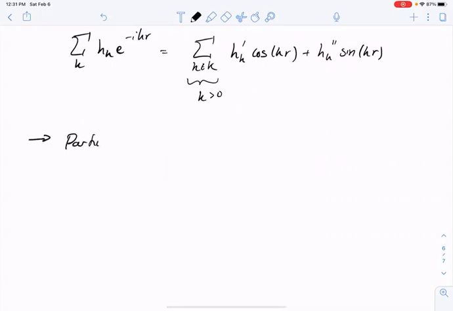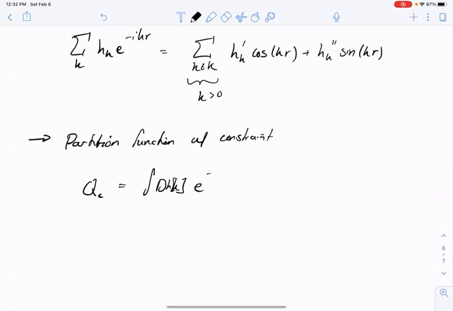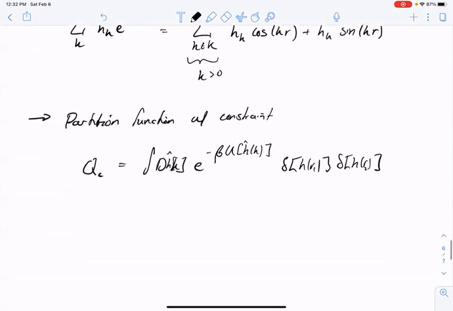So the partition function with the constraint due to our two binding sites, denote that QC, that's an integral over our height field weighted by our effective energy function, with those two constraints, that at R1 and some R2, the height is pinned to some value referenced here to 0.